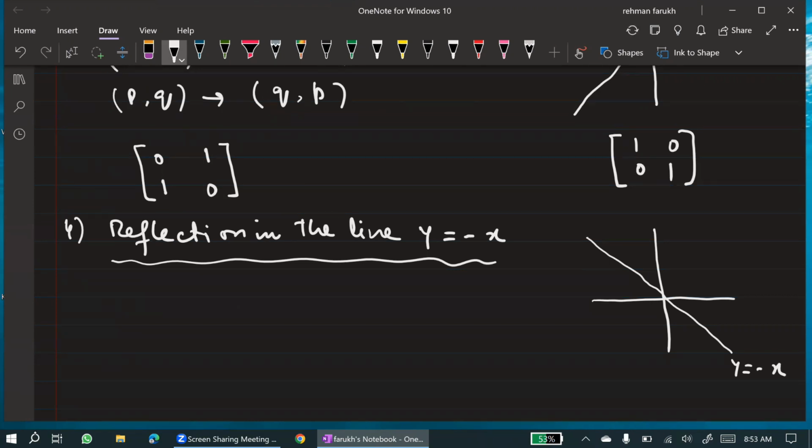When we reflect any point in the line y is equal to minus x, we will interchange the coordinates and also change the signs.